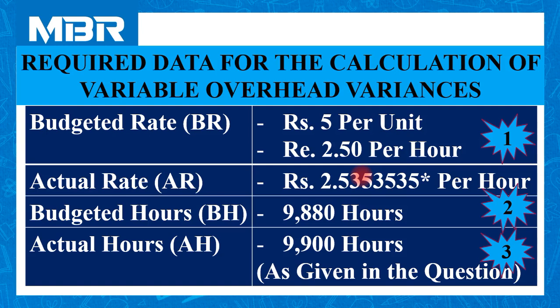Budgeted hours are 9,880 hours for the actual output. We needed to modify that, and actual hours given to us are 9,900 hours. Now this information is everything for us. Using this information, we need to calculate all 3 variances.